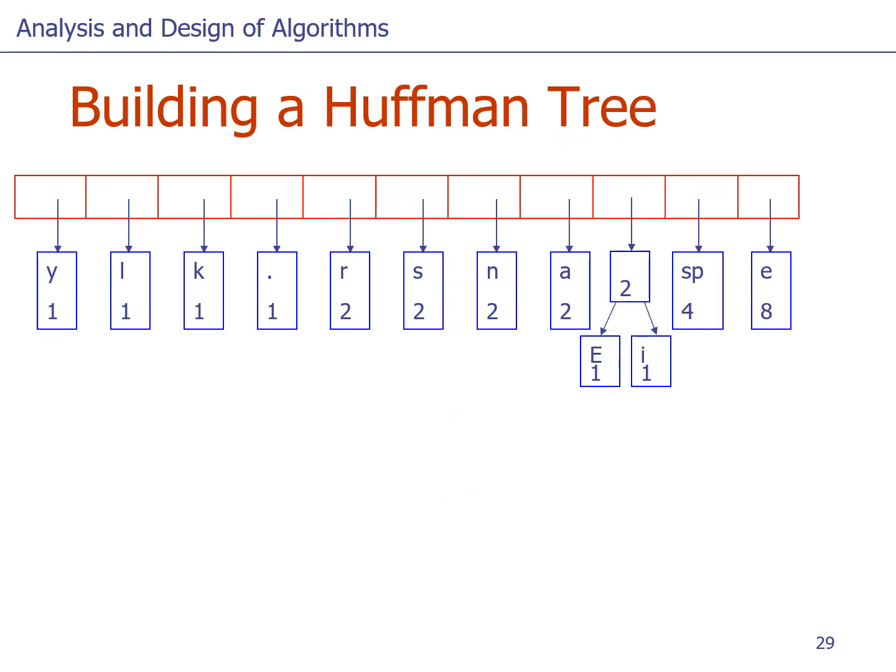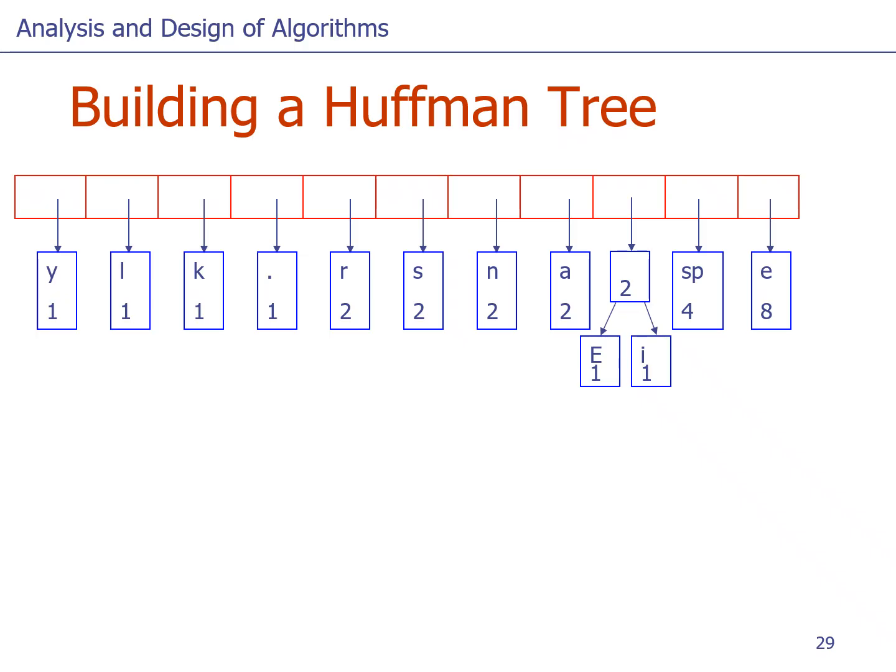That's what you see in this picture, in this slide. The tree I have just created with the capital E and small i with their parent root node has been enqueued back into the priority queue. I will move further and repeat this step over and over again until I have only 1 node in the priority queue.